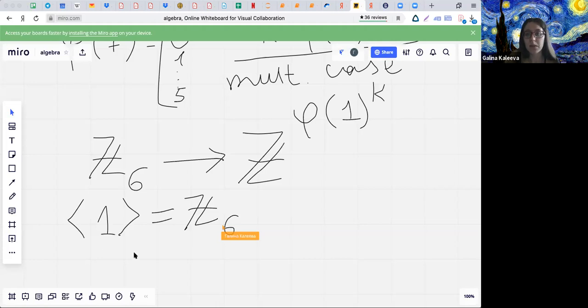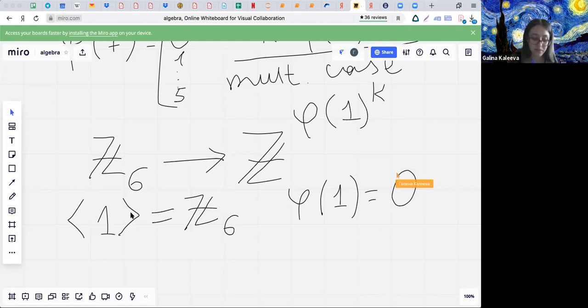But with 1, it's okay. So I take 1, and I say that the image of 1 equals, for example, 0. Is it okay? What homomorphism do I gain in this way?